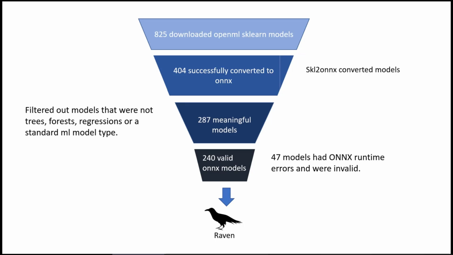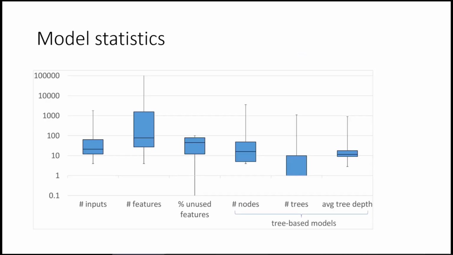So we got about 400. Then of those 400, about 287 were meaningful standard ML models that we could really analyze and work with. Some had Onyx runtime errors, and so that got reduced down to 240 valid models that we ran with Raven.